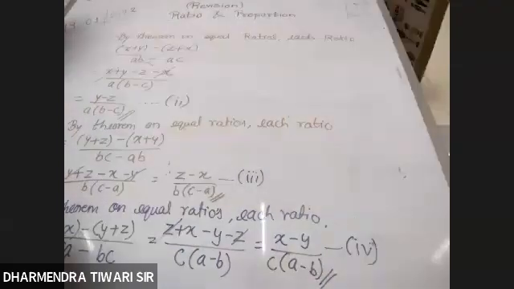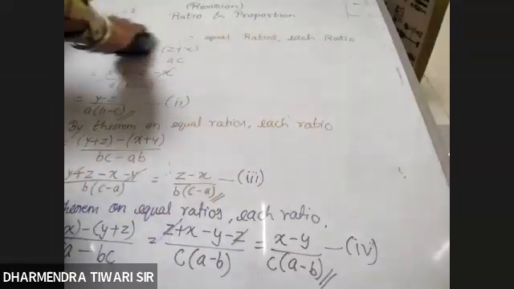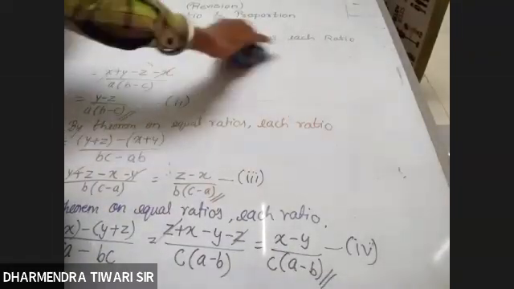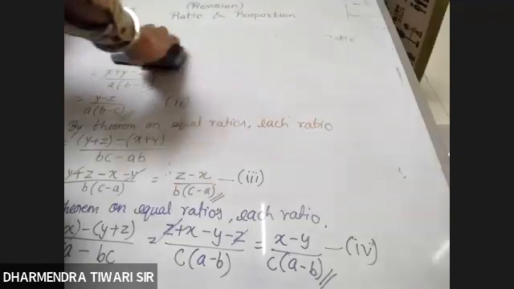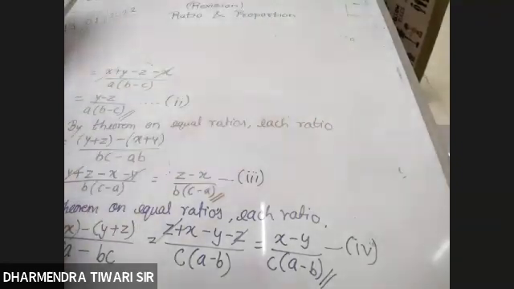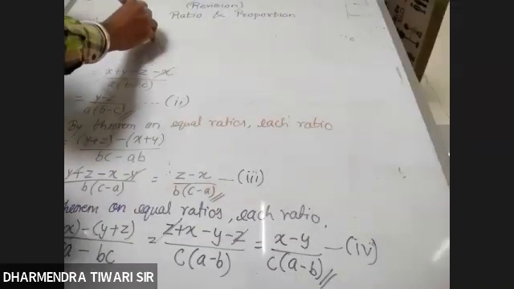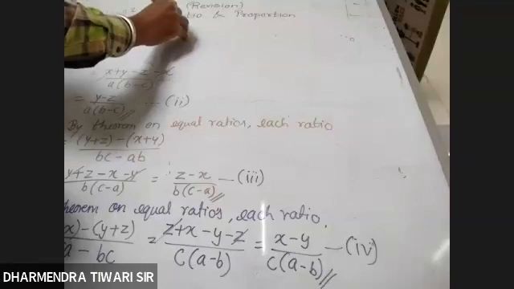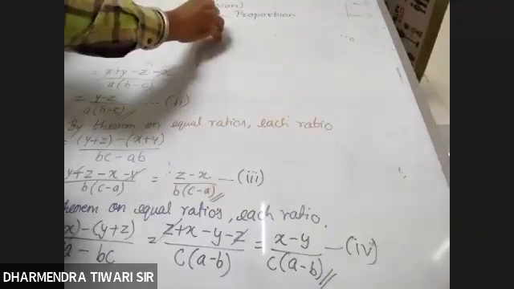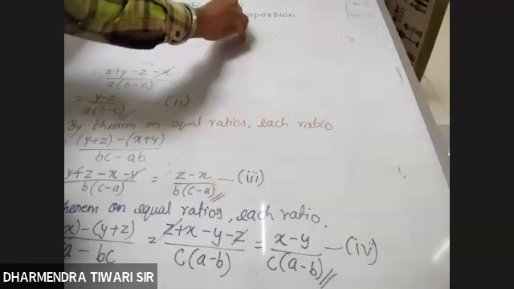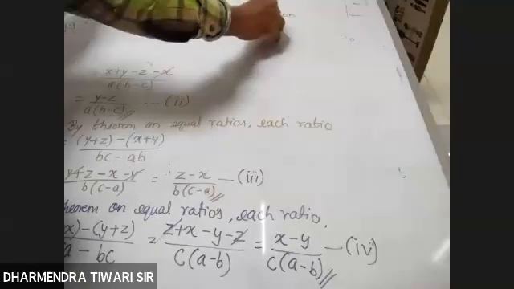So from equation 2, 3, and 4, what we can conclude? And conclude the required, whatever they are asking us to show.